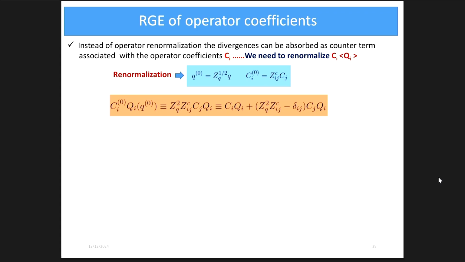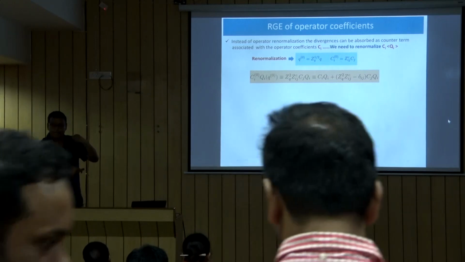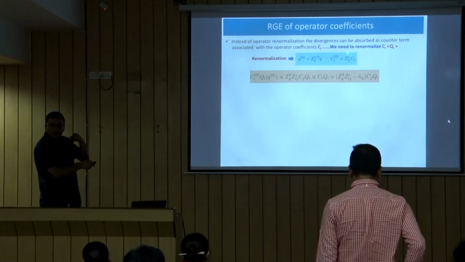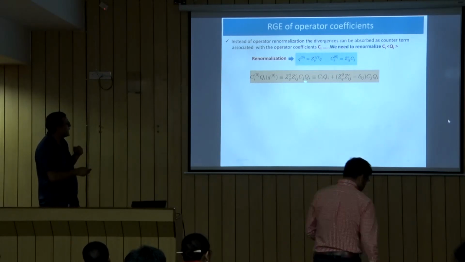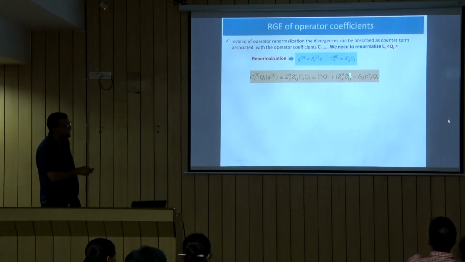So, now what do you do? This whole thing, like C_i Q_i, you will be writing like it's a 4-quark operator again, let us say. Then you have Z_Q squared coming from the quark renormalization, and then you have Z_ij^C, that will be the counter term or the renormalization parameter that you have introduced here, right? So, then this thing you can write in this form. Okay? It's just simply addition and subtraction.